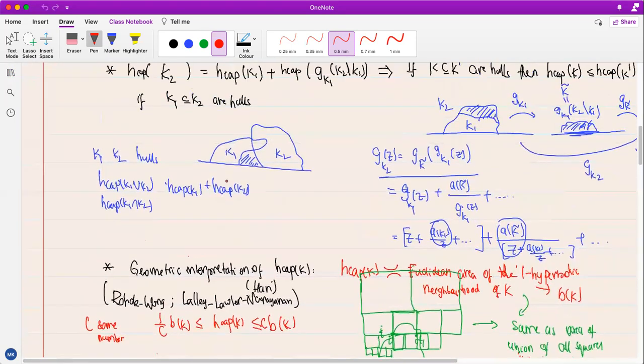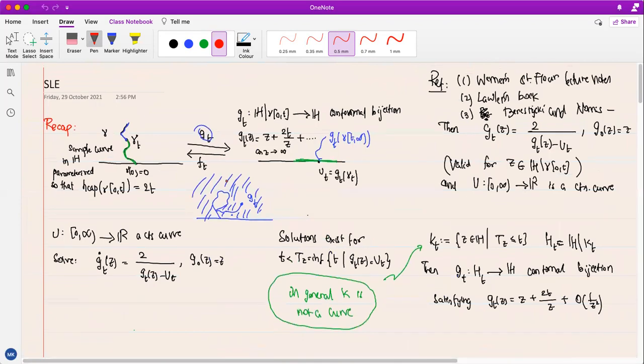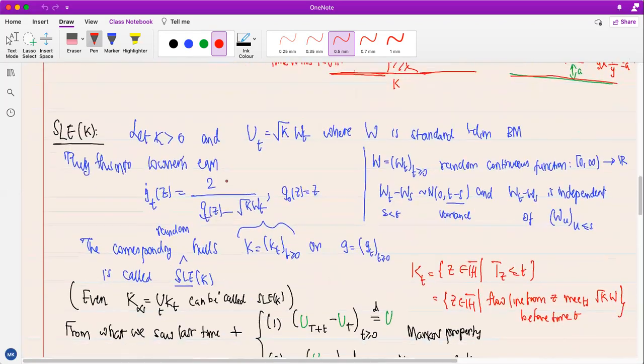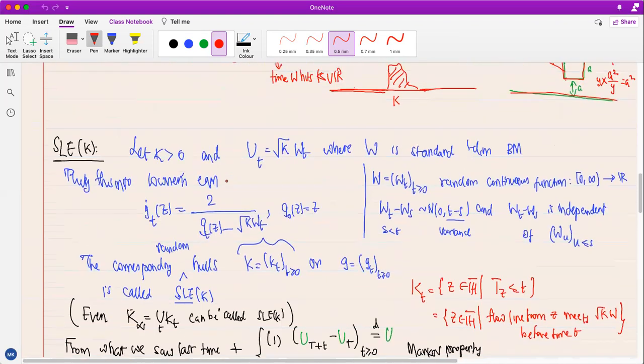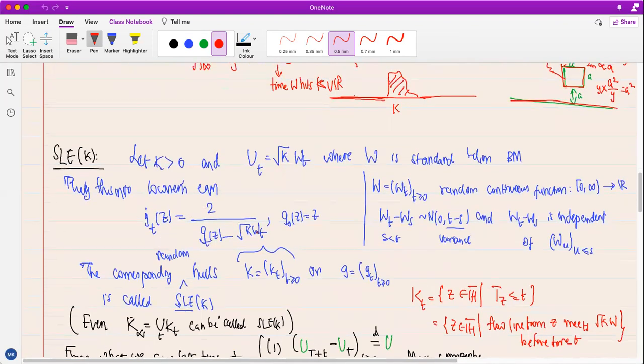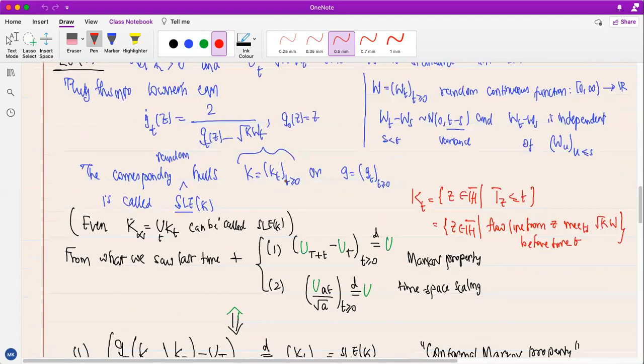I remember Shubhajit remarked at that point, when I was doing this: the Loewner evolution is defined with any driving function, and then we put square root kappa times Brownian motion.